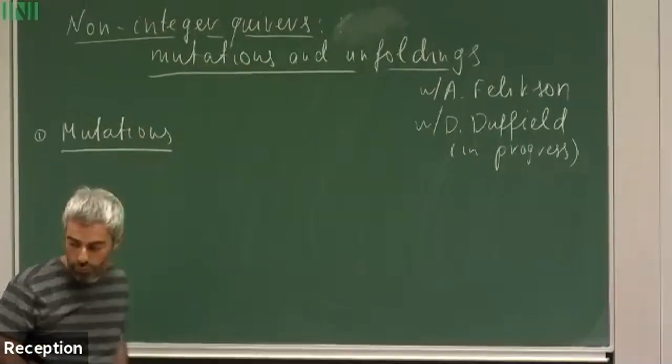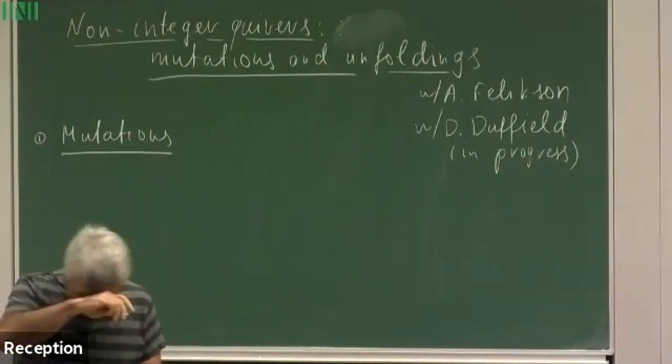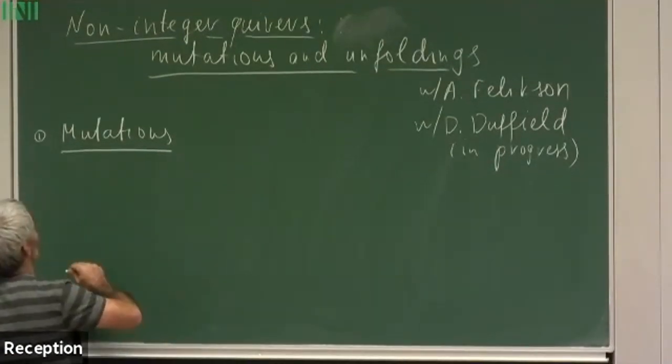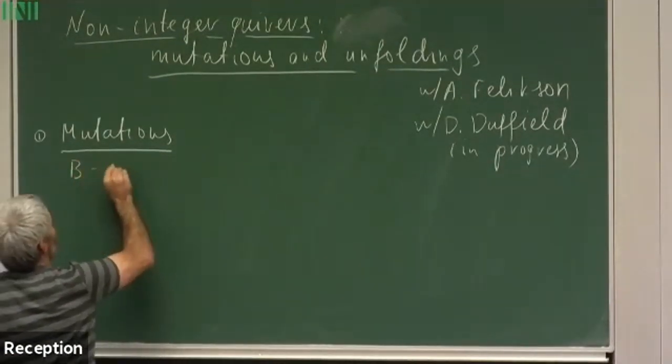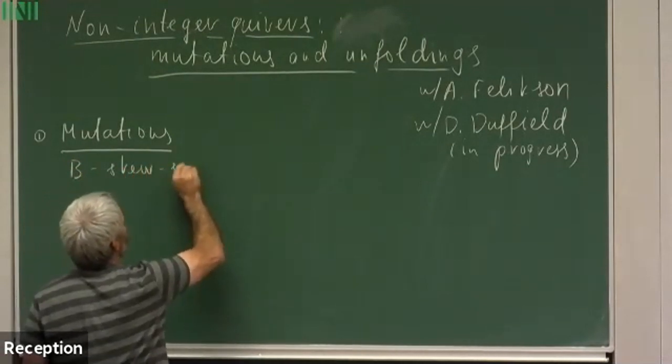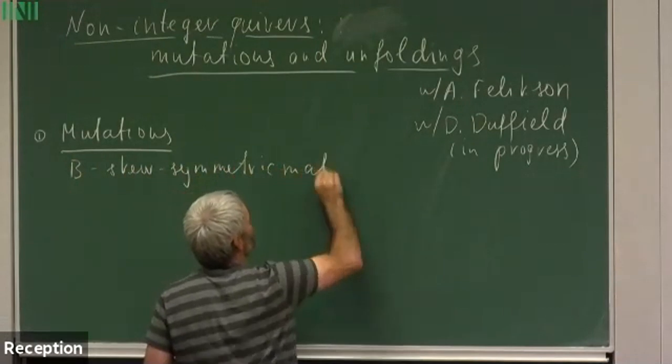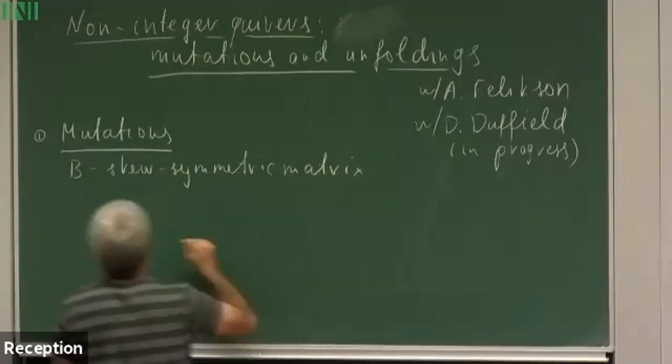I want to say who the quivers are. So I take V, a skew-symmetric matrix with real entries.